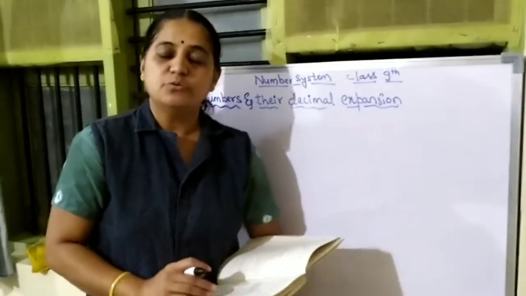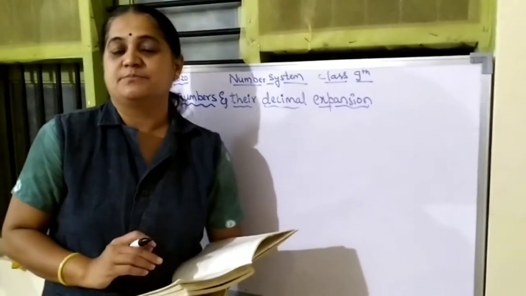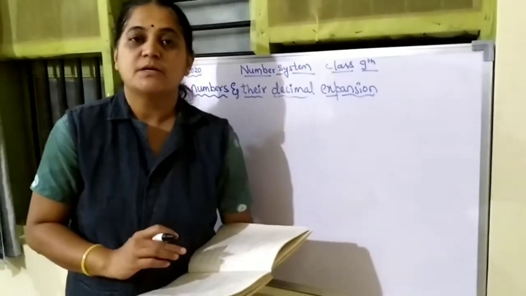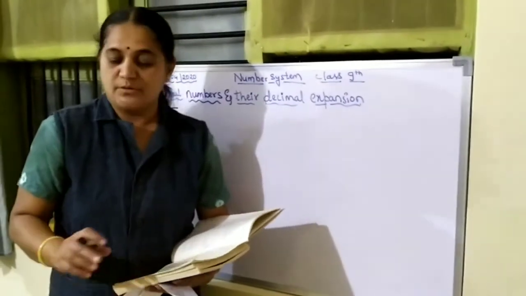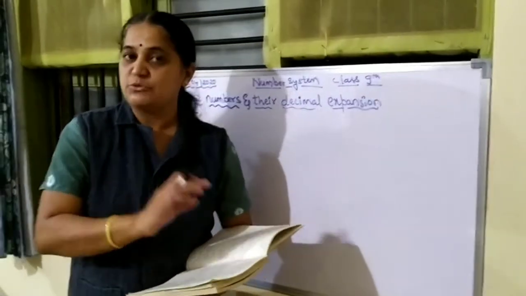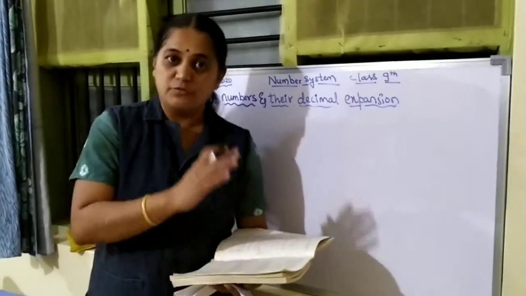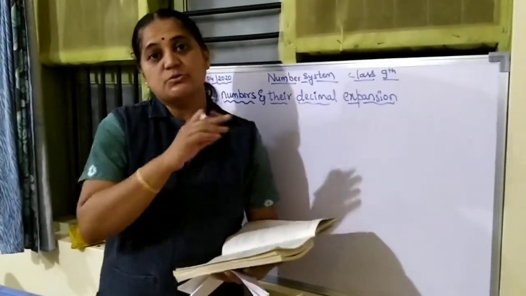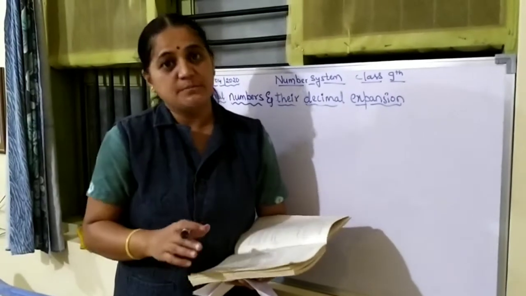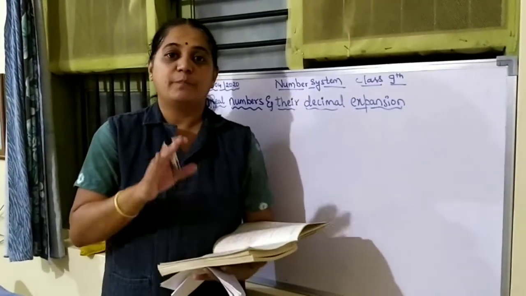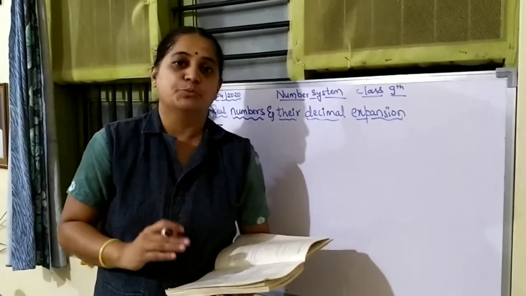It was used to construct altars, what we call a Homakunda. They used to construct different Homakundas of the same area. Making a circle to square and square to circle of the same area requires the value of pi as well as root 2.